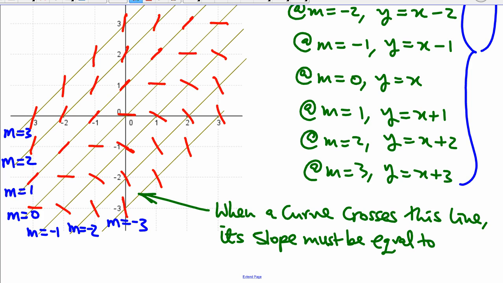So its slope must be equal to negative 3.